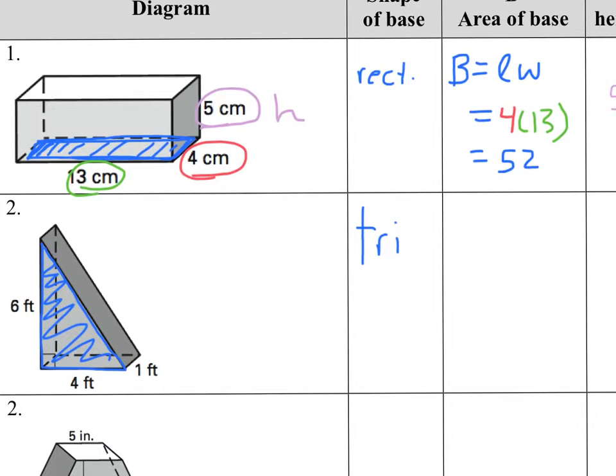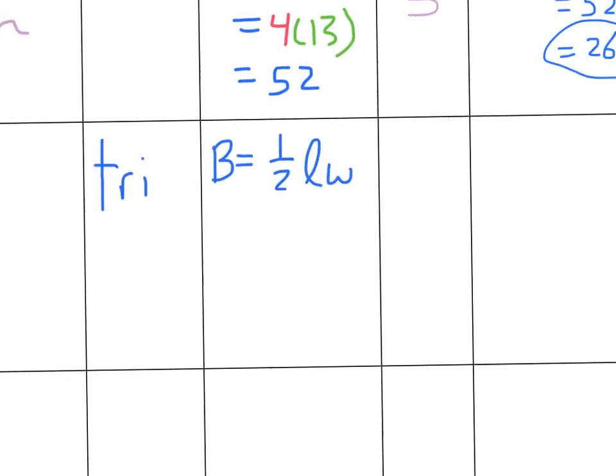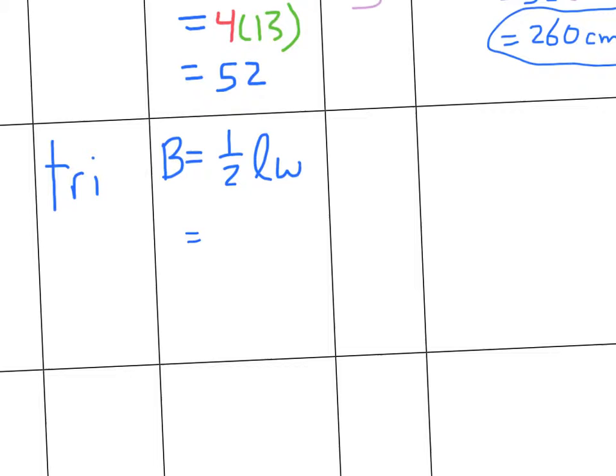And to find the area of this triangle, I'm going to use 1/2 length times width, or 1/2 base times height. Of course, here I'll call my length, and here I'll call my width. The key is that they are perpendicular to each other. So when I plug those in, I get 1/2 times 6 times 4, which clearly is 12.